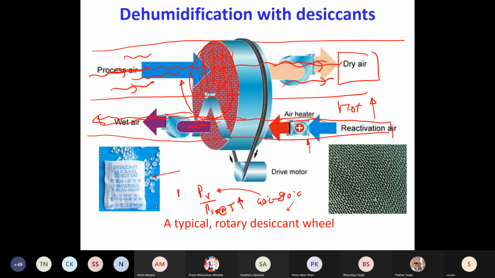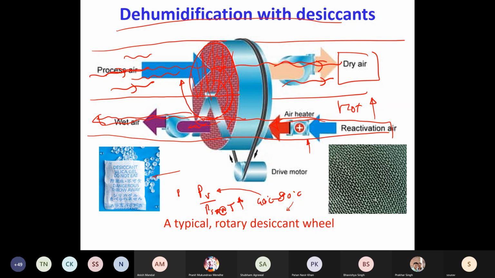Think of semiconductor fabrication labs. If you have a large amount of humidity, what will happen to the chips which are getting fabricated over there? So wherever you require very dry air, we go with the desiccant dehumidification process.